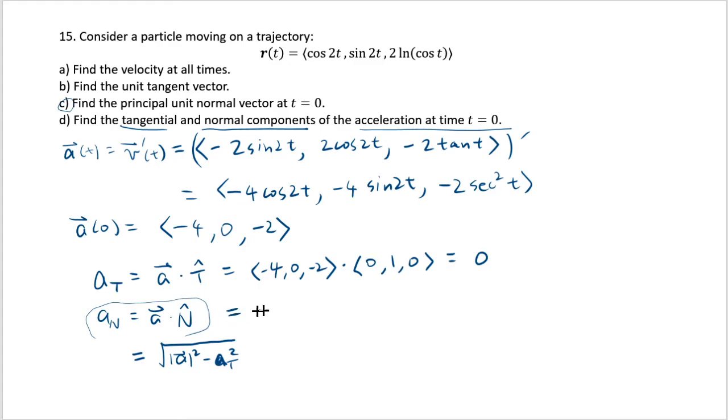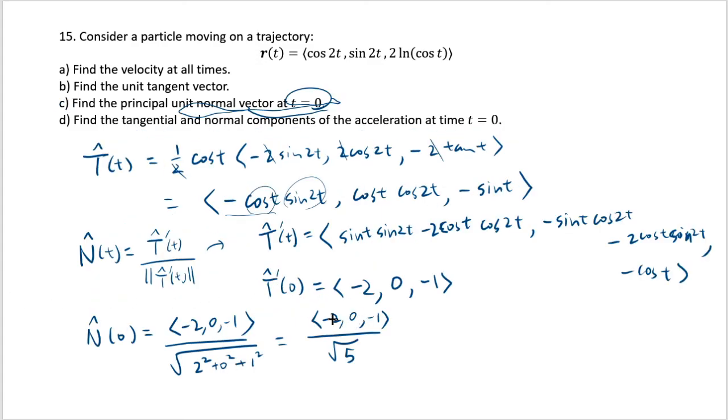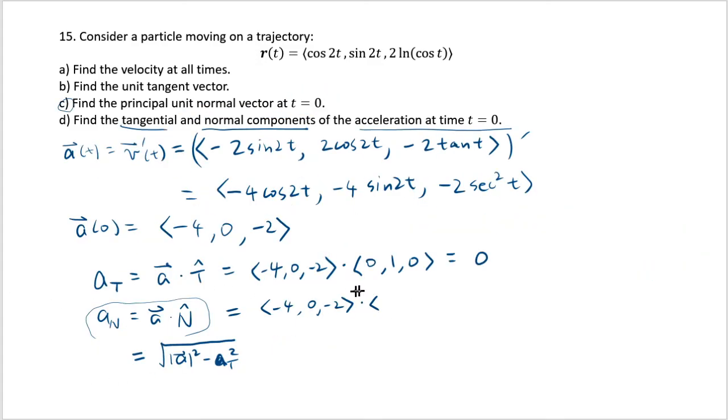Okay, and this one, still the same acceleration, but the normal component was negative 2, 0, negative 1 over square root of 5. And the dot product is component-wise multiplication, so negative 4 times negative 2 is 8. 0 times 0 is 0.